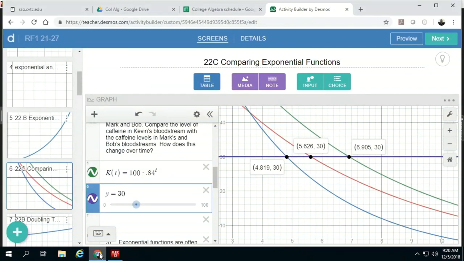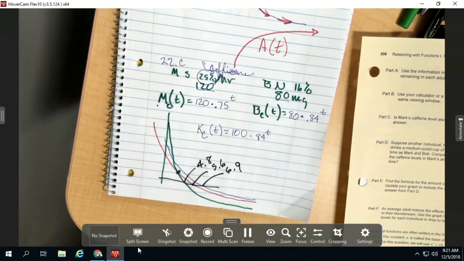So we'll just put them in here: 4.8 hours, 5.6 hours, and 6.9 hours. Now, it is important that we realize that has to be a horizontal line, because it's talking about a level of caffeine. This is the caffeine axis. So it's going to be the amount of time with that amount of caffeine in your bloodstream.